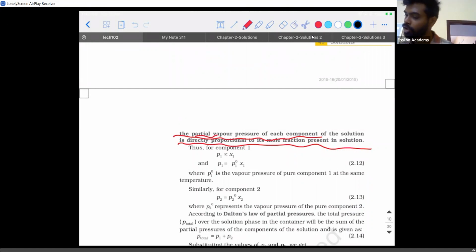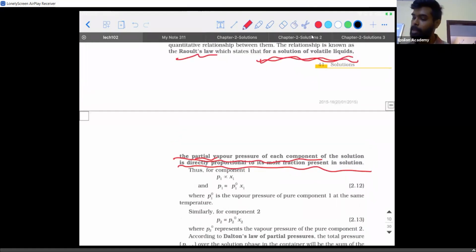So for a solution of two volatile liquids, the partial vapor pressure of each component, for example the partial pressure of A, is directly proportional to its mole fraction in the liquid phase, or in the solution. That means the vapor pressure of a particular component is directly proportional to how much of that component is there in the solution.